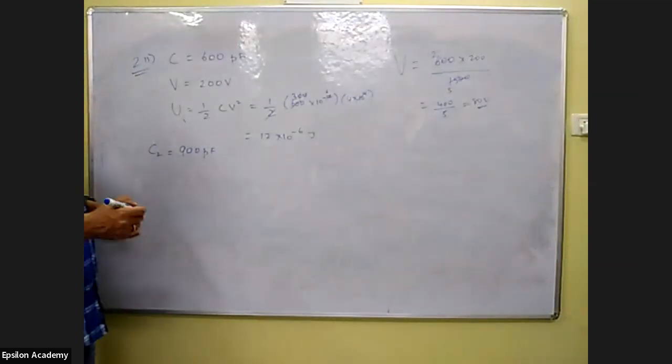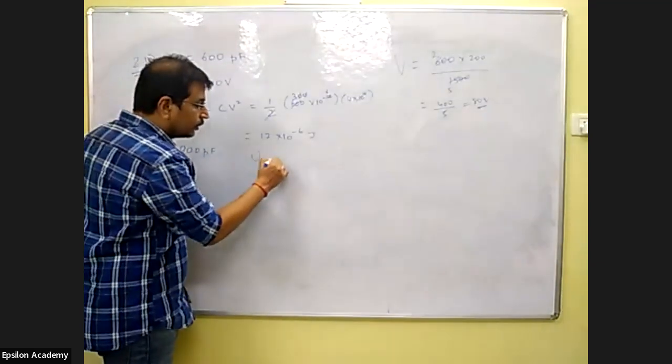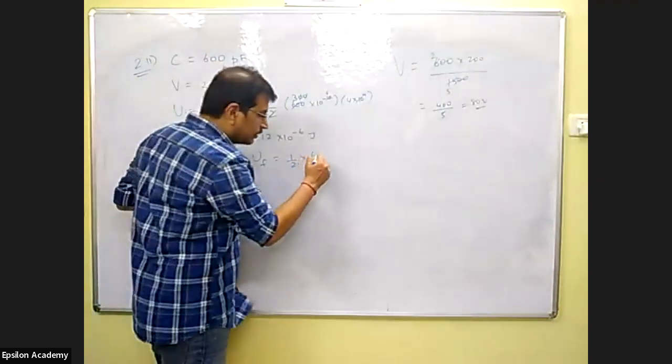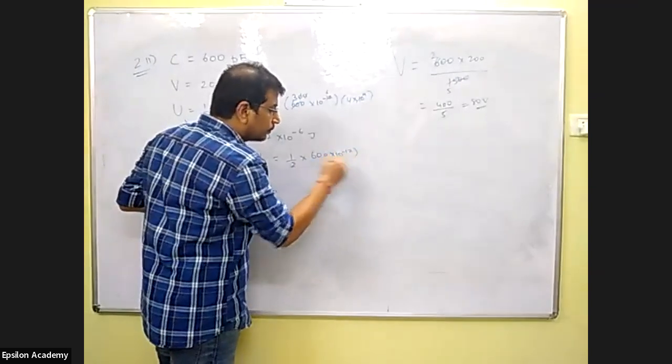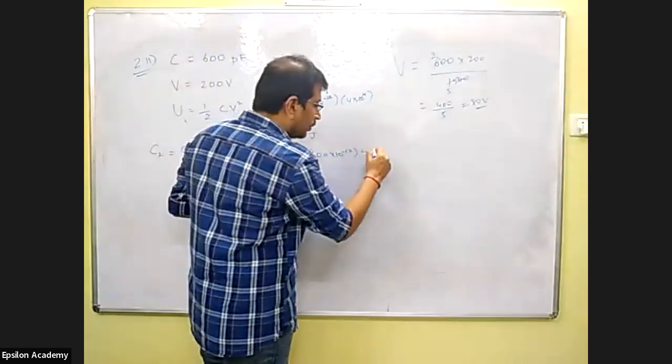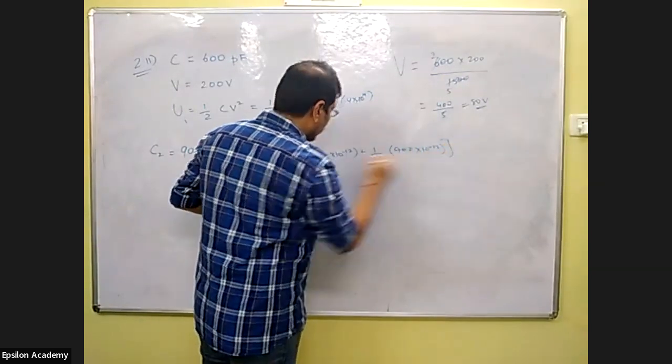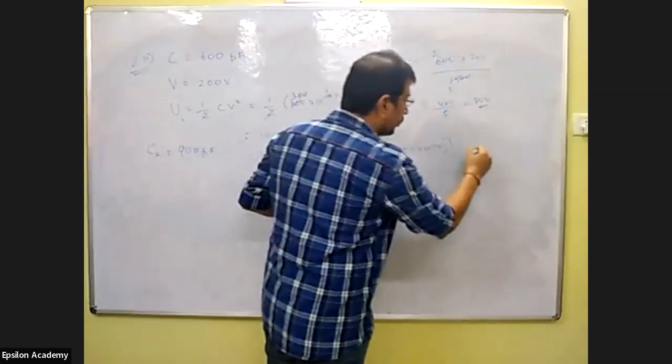So what will be the final value of energy? U final will be half into 600 into 10 power minus 12 plus half into 900 into 10 power minus 12. This whole thing V square.